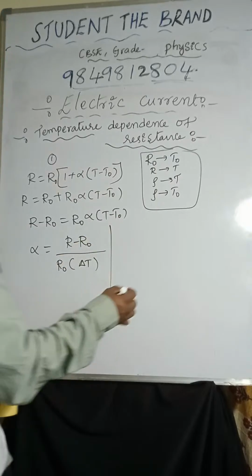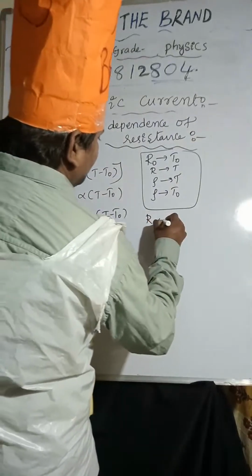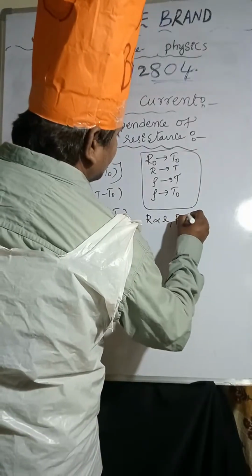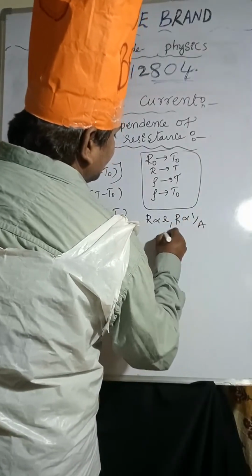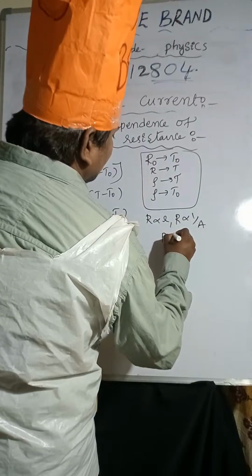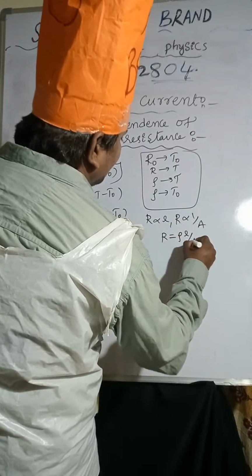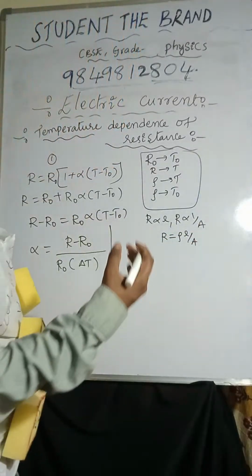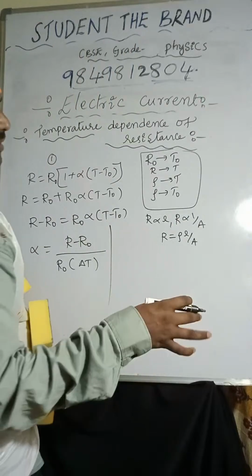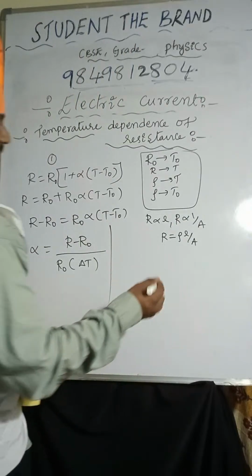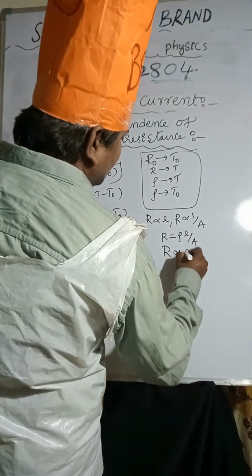As R is directly proportional to L and inversely proportional to area of the cross section, R equal to rho into L by A. As temperature increases, length and area of the cross section also change, but that is very small. That's why R is directly proportional to rho.